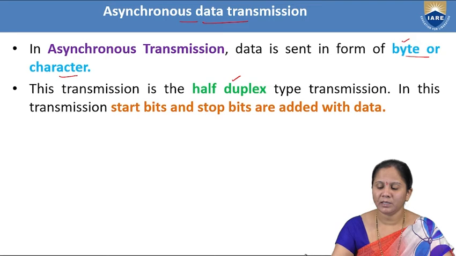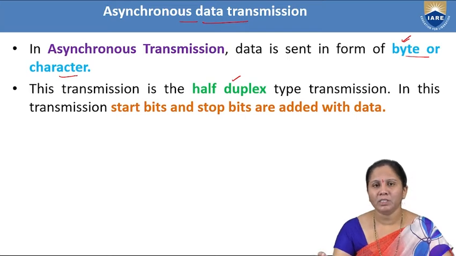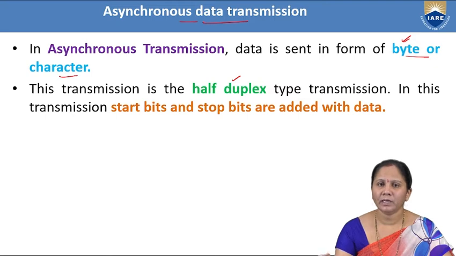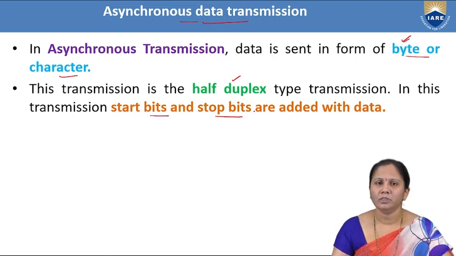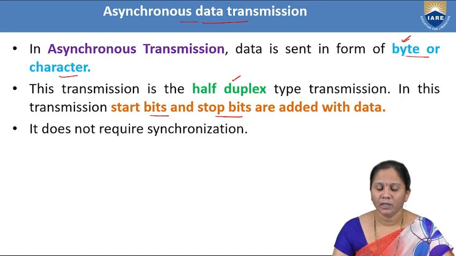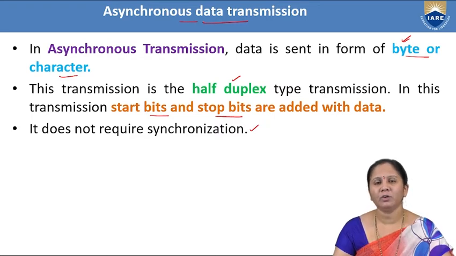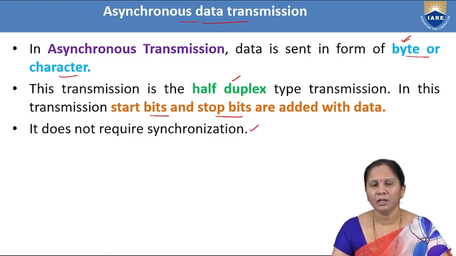For each byte there will be a gap, and in those gaps we include the stop bit and start bit. This type of transmission does not require any synchronization, so we are not using any external clock signal. By using the internal clock signal only, the data transmission will be performed.